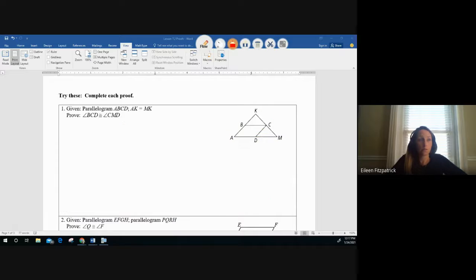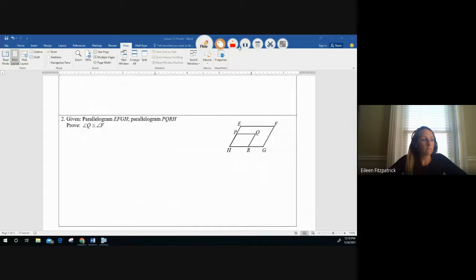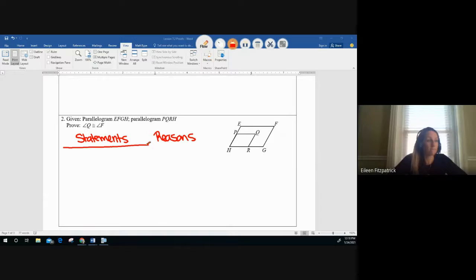Okay, let's go through one more together. All right, statements and reasons. I think this one might actually be easier than the first. I'm trying to quickly look at it as I'm setting it up. All right, you're told that EFGH is a parallelogram.